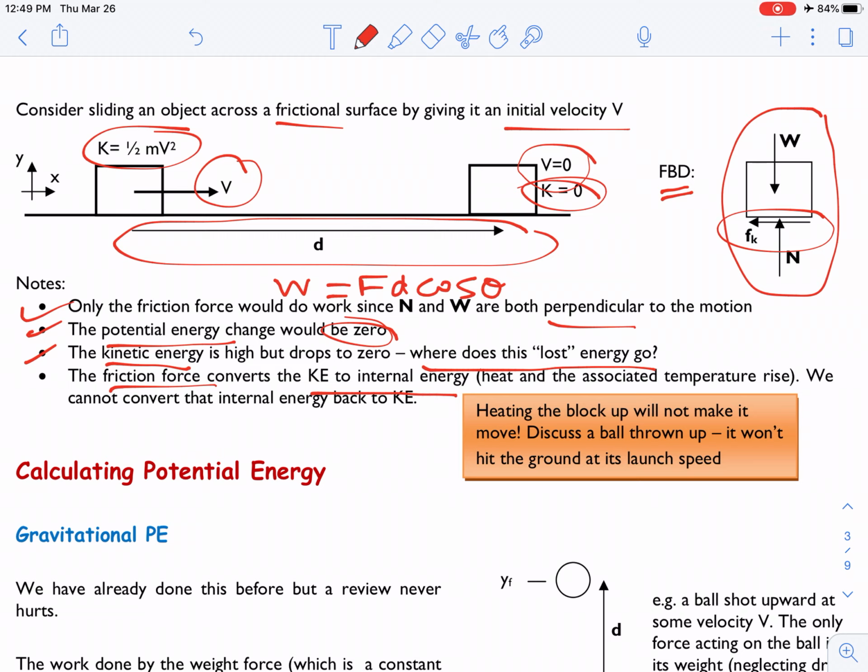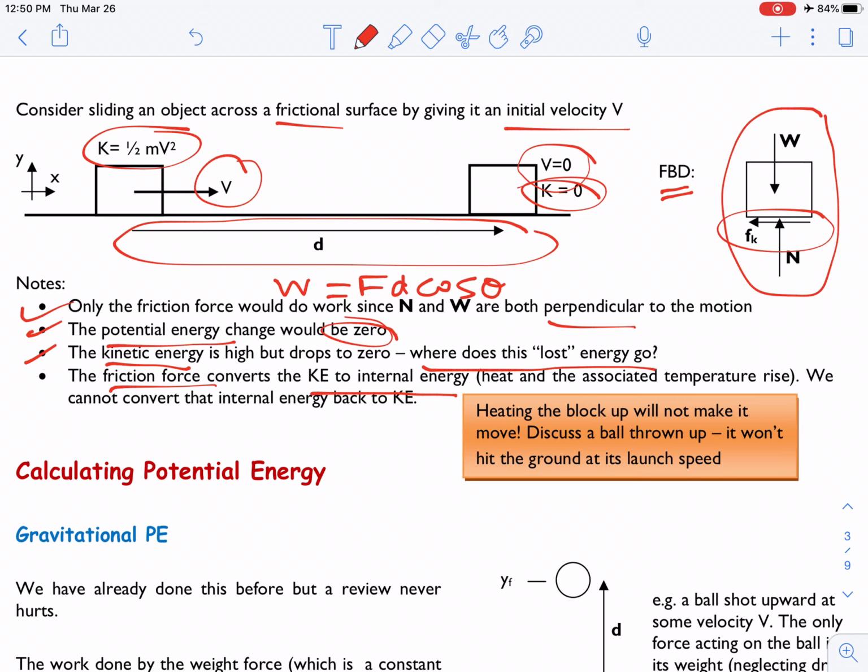When you drag an object on the floor, as we see in this example, the surface between the object and the ground will warm up. So there's going to be some heat, some temperature rise. And if you remember, the internal energy so far we said it is 0 because there was no temperature or pressure change. So if you change one of those, then you will have that.